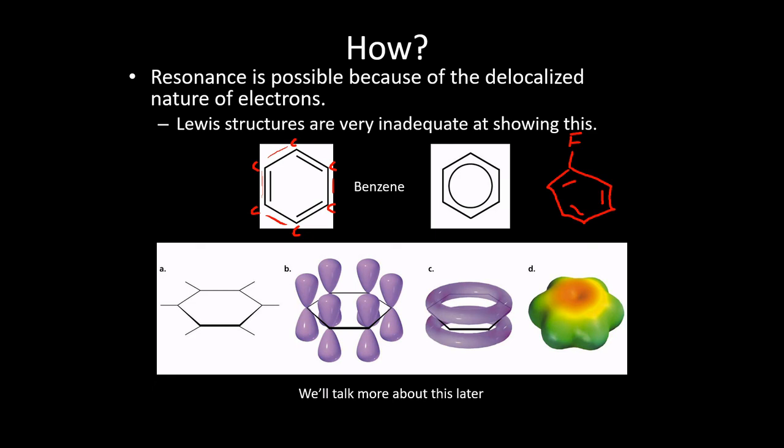There can be things that will lock the double bonds into place. But if it's just pure benzene, those electrons are shared over the entire molecule. They're delocalized over the entire molecule. And we'll talk more later about how these things become delocalized and how these p orbitals, which is what those are, play into that.